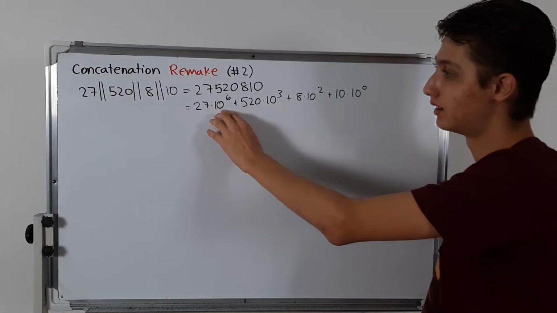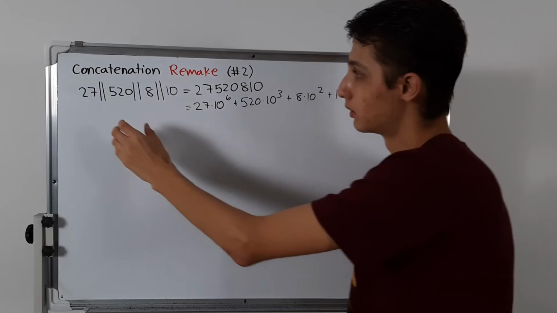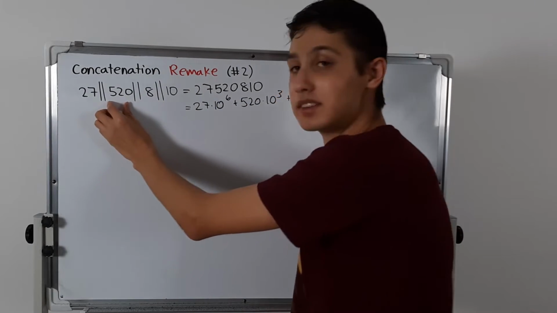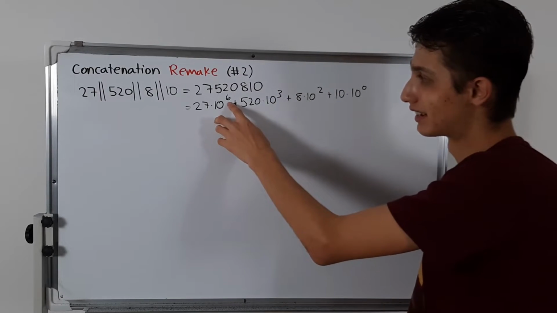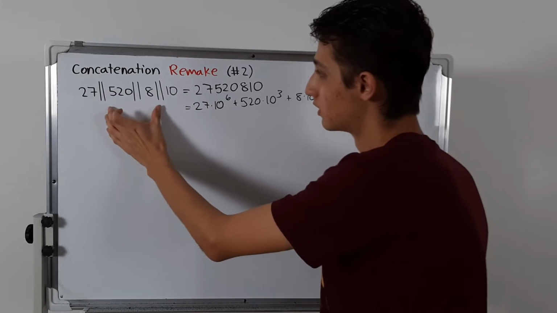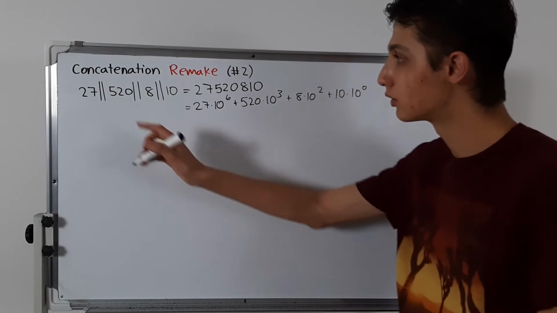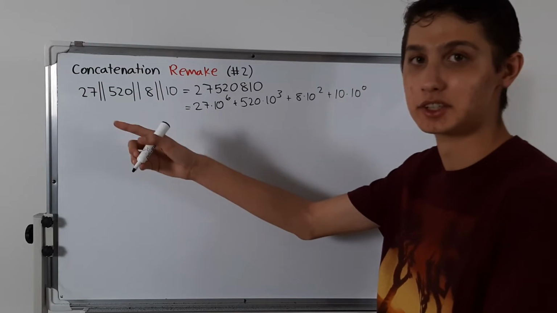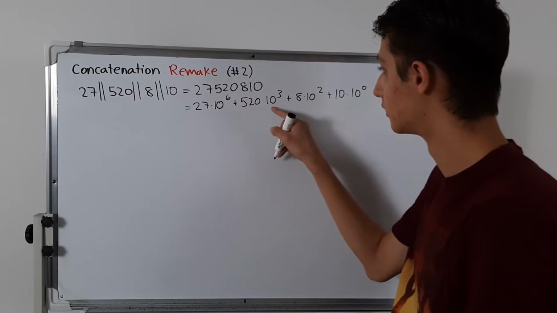And then we have 10 to some power. In the first video, this power was just the number of digits that this guy had. But today, we realize that this 6 does not correspond to this. The 6 actually corresponds to all of the digits that come after, right? So this is the number of digits from these guys.